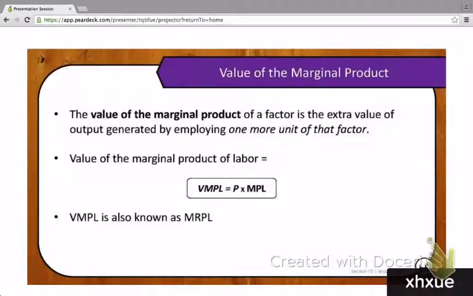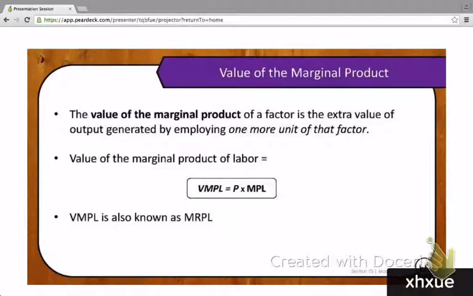Now, remember the law of demand. All else equal, if the price of some good increases, the quantity demanded for that good decreases, and the demand curve is downward sloping. So the value of the marginal product of a factor, any factor, is the extra value of output generated by employing one more unit of that factor.